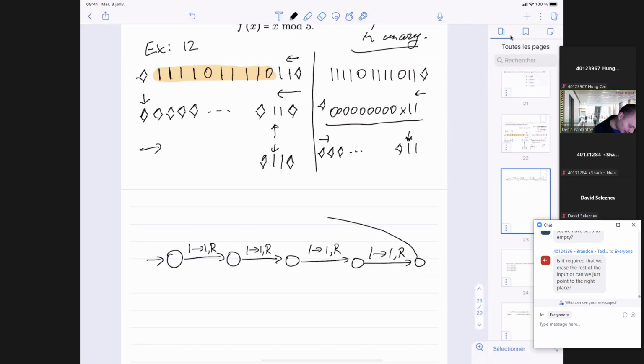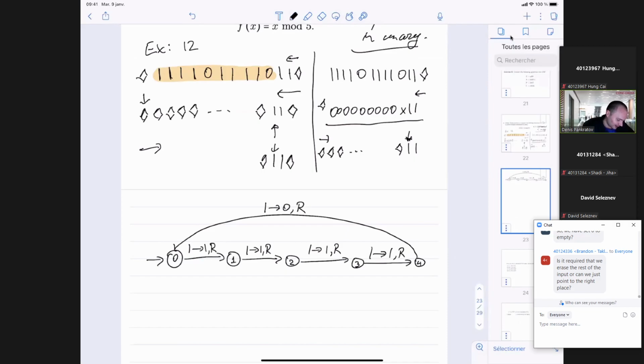And now this is the fifth one that we see. We overwrite it with 0 and move to the right. So this process essentially overrides every fifth one with a 0. And these states, they kind of have a meaning. This is 0 mod 5, 1 mod 5, 2 mod 5, 3 mod 5, and 4 mod 5.